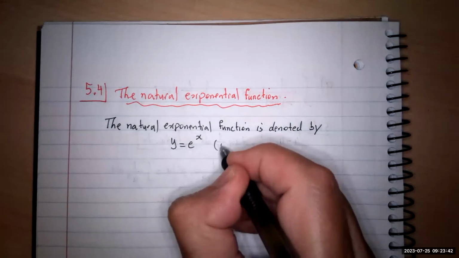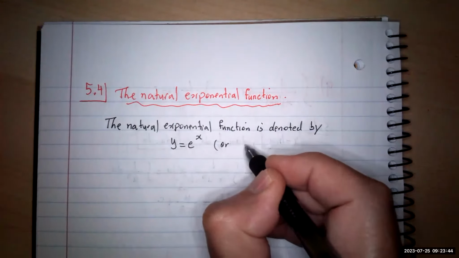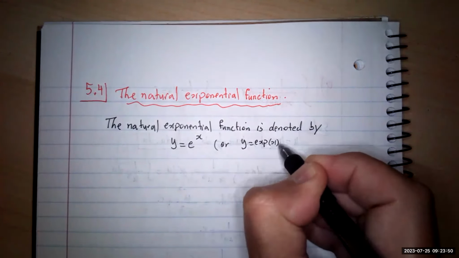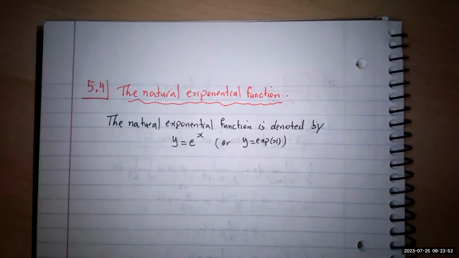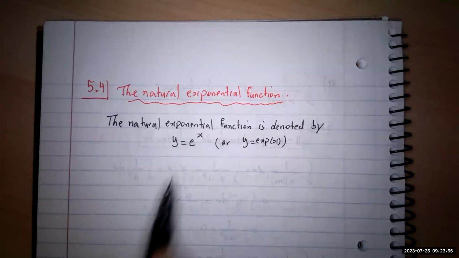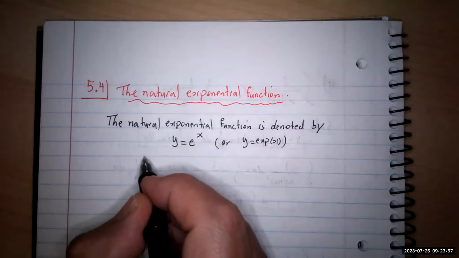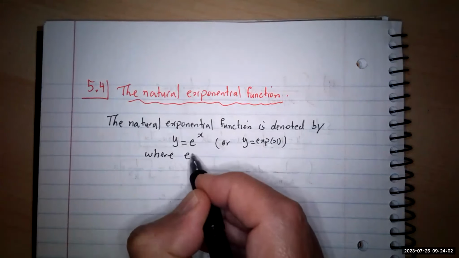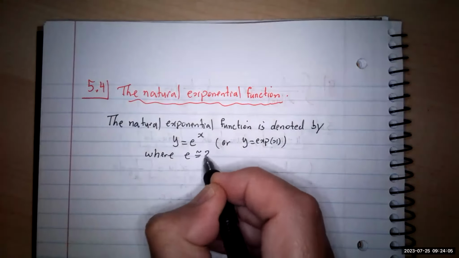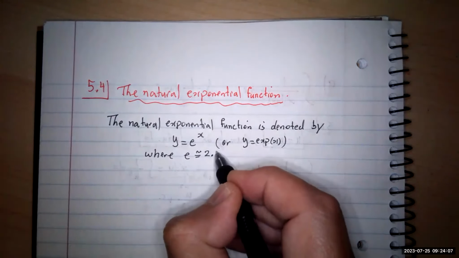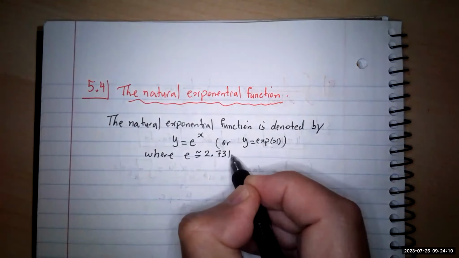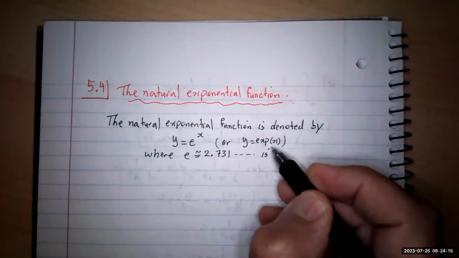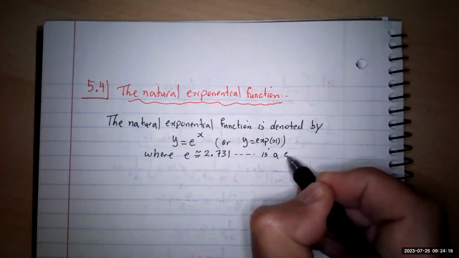In some cases they write y equal to exp of x, but we are not going to use this notation. And if you see it somewhere, you know that the e is going to be the Euler constant, which is an irrational number, and it's like pi. You can only estimate the value of e, and this is a constant.